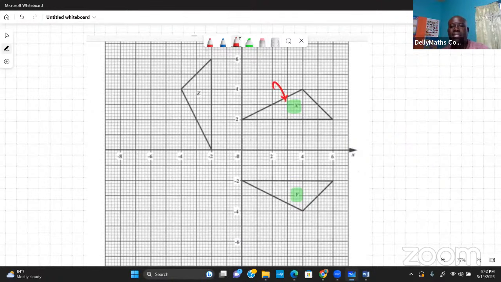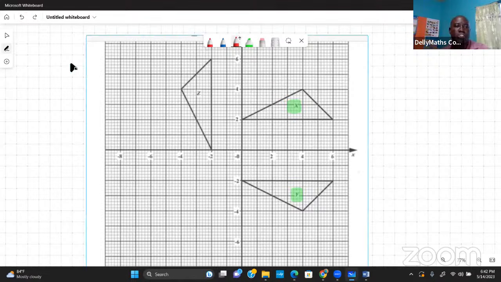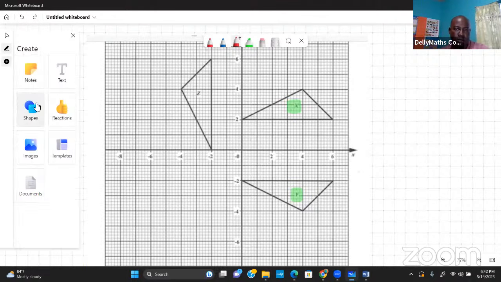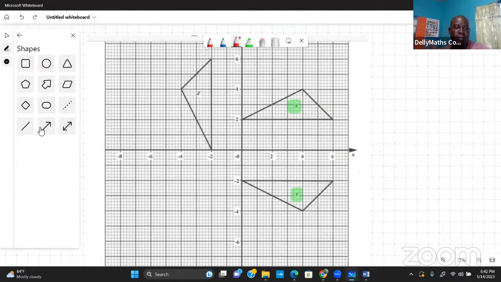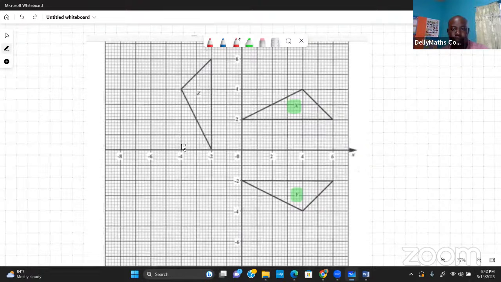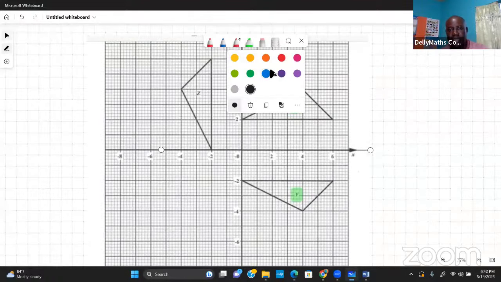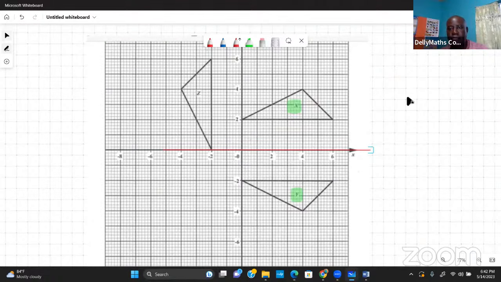Take a look at this, take a look at that. Halfway between that is going to be our mirror. So I'm going to drop the mirror line for us. I'm seeing here that the mirror is right here. The mirror line is the x-axis.